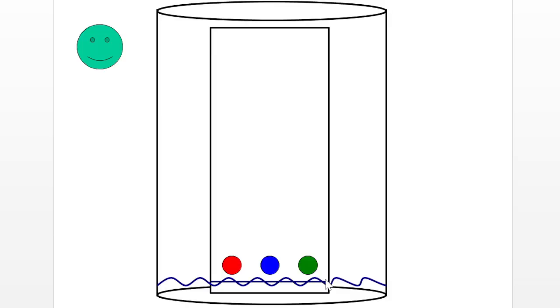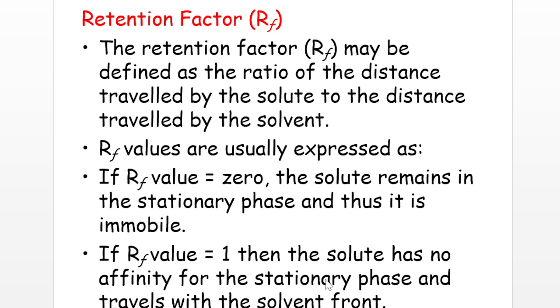Here is the simple diagram of paper chromatography. Before we go into the experiment, let's have an overview of the retention factor, which is usually represented as Rf. The retention factor Rf may be defined as the ratio of the distance traveled by the solute to the distance traveled by the solvent.